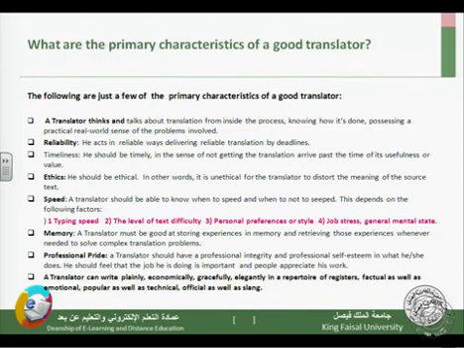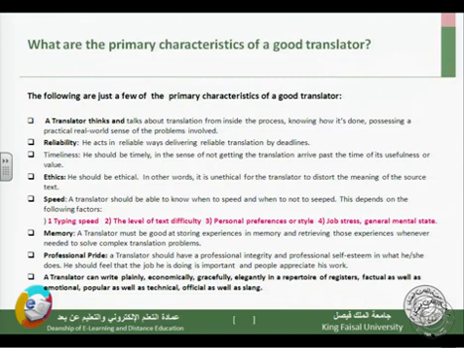Now the memory. The memory, again, is one of the best characteristics of a good translator. A translator must be good at storing experiences in memory and retrieving those experiences whenever needed to solve complex translation problems. Professional pride, again, the translator should have a professional integrity, a professional self-esteem in what he or she does.